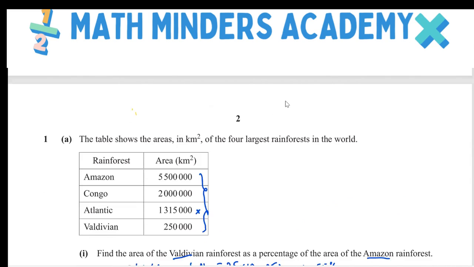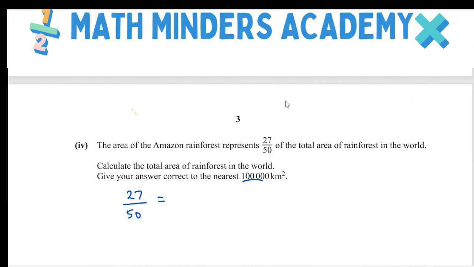So what we are saying in essence is that if you do 5,500,000 over the area of the rainforest in the world, and you bring it to the lowest term, it's going to give you the left-hand side. So we take this relationship and we work towards making P the subject of the formula here.